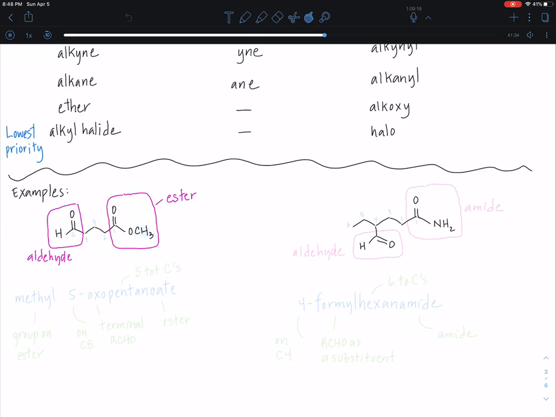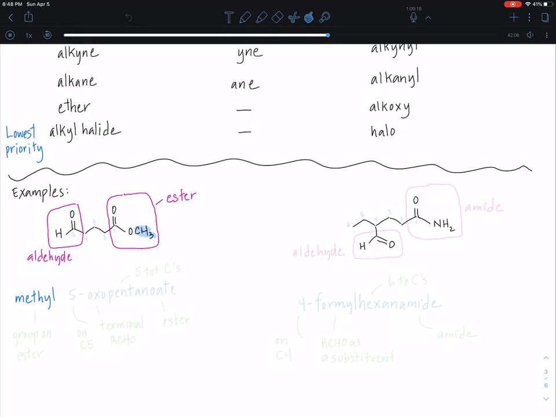So what we'll do then, now we haven't named esters yet because we haven't done chapter 10, so I'm just going to go ahead and tell you that we're going to name the group over here on the ester first as its own word. So this right here would be a methyl group. And then we're going to count over, and for this we're going to use some numbers here.